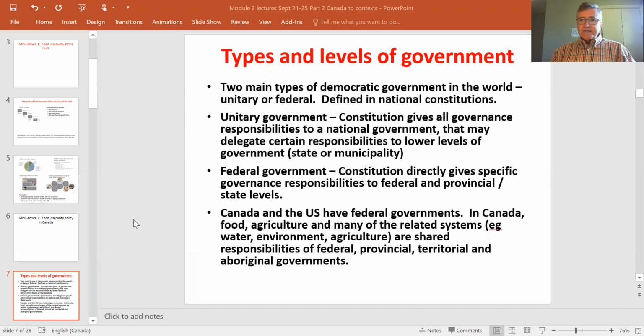If the Constitution is silent on it, then this sharing of responsibility may get worked out over time. So that's part of the challenge: food, agriculture and environment are shared responsibilities, which means sometimes everyone's responsibility ends up being no one's responsibility.